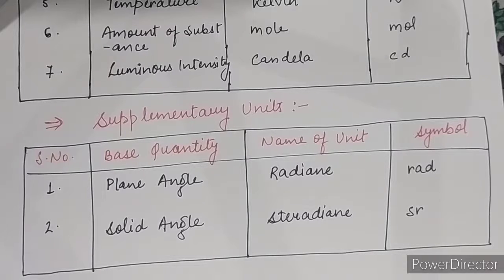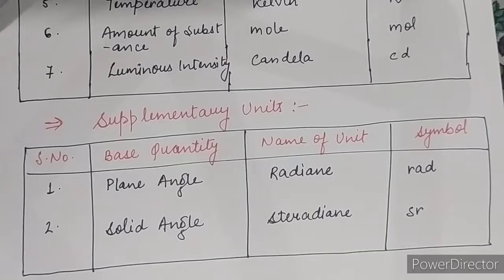Now in our next lecture we are going to start the definitions of the names of all these units, and then we will utilize these units in the form of dimensional formulas. Okay, and that is an interesting and very important topic as well. From there you will be able to understand how these values are used.